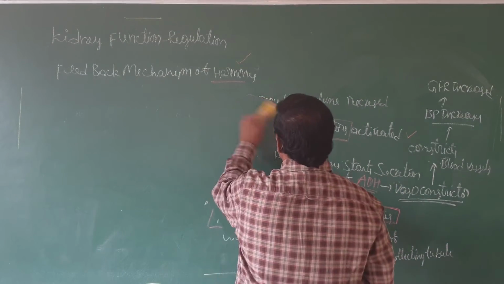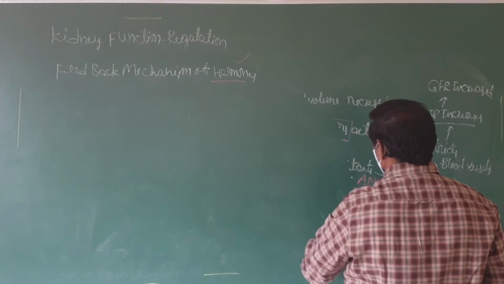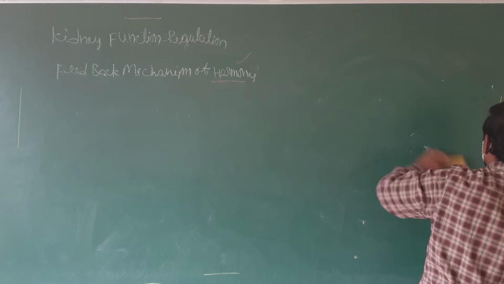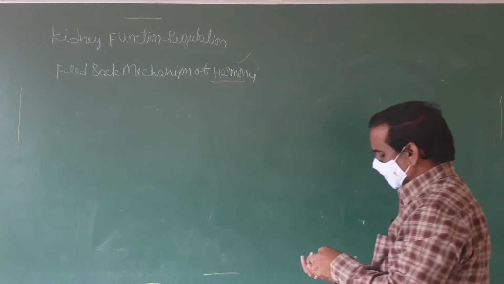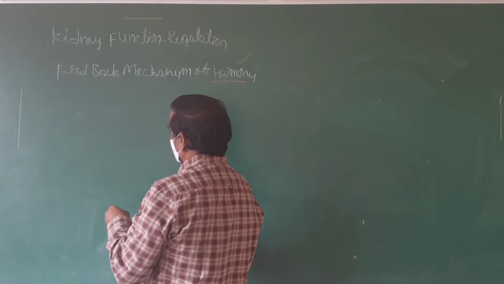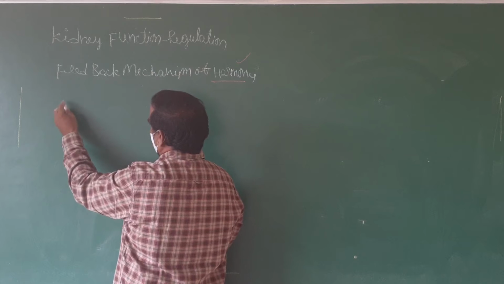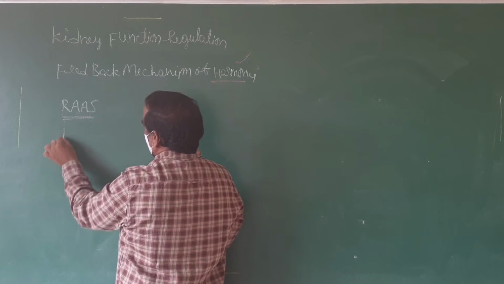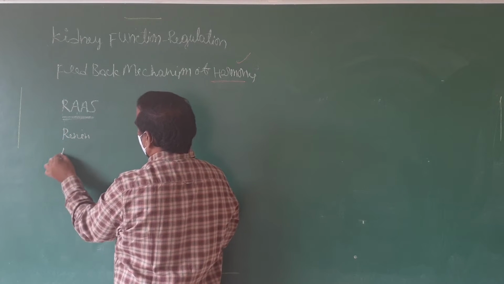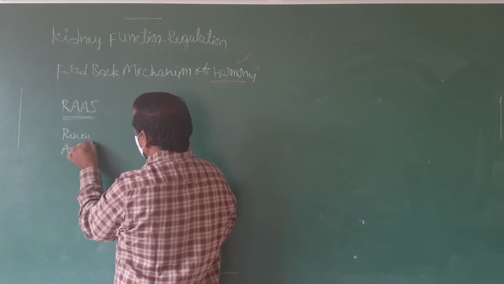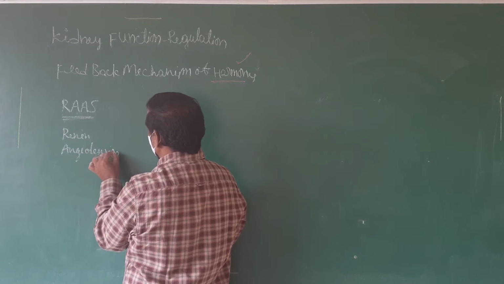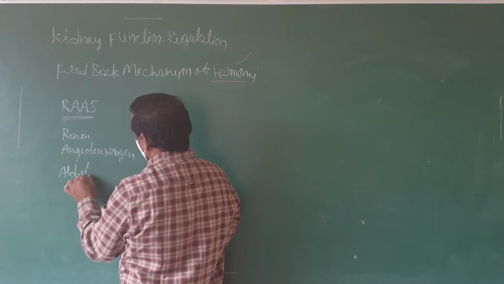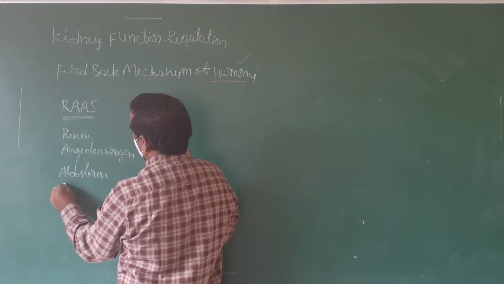Next we can go for the second mechanism. This is also when body fluid decreases, the same condition. If body fluid decreases, another mechanism that plays a key role is the RAS, the renin angiotensinogen aldosterone system.